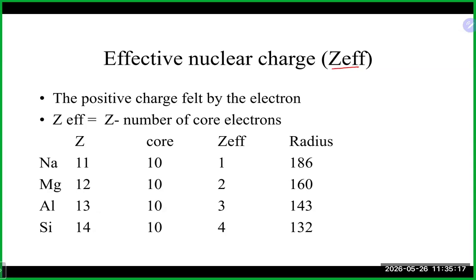And when we talk about the electrons that atoms have, they basically have two types of electrons that we usually come across. One is the outer electrons, and those are the valence electrons. Those outer electrons are higher in energy.